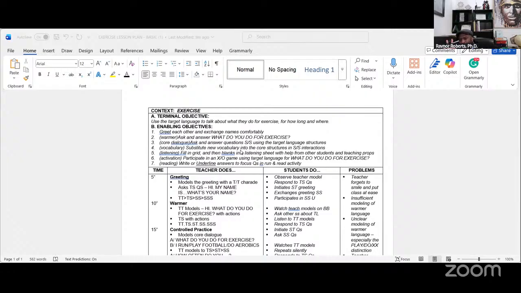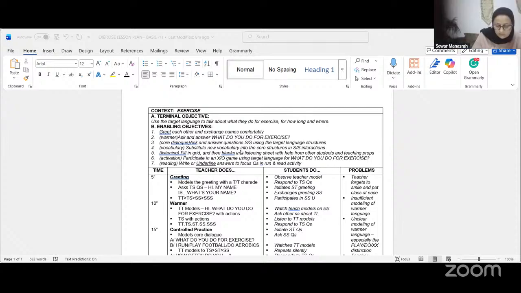Maybe they'll use it the rest of their life, or maybe it solves an immediate problem, but a problem nevertheless. And again, I'm not saying that we should not teach about Napoleon, but we should do it in a context that allows us to develop a terminal objective.